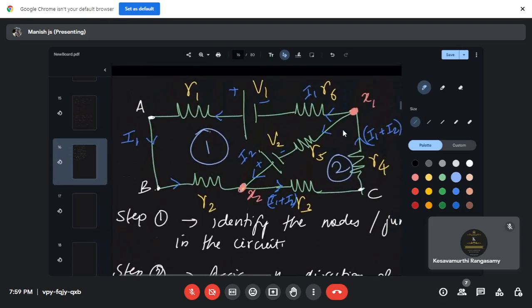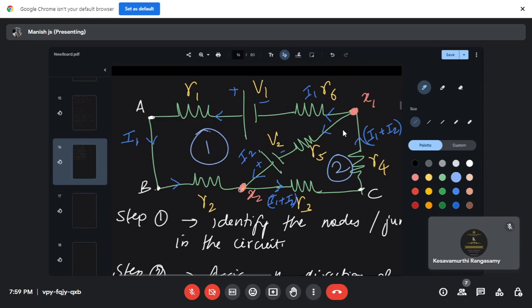Now I have reached point X1, and I have to come back to A from where I started. Between X1 and A, how many components are there? There are three components: resistor R6, cell V1, and resistor R1. Can you tell me the equation between X1 and A?